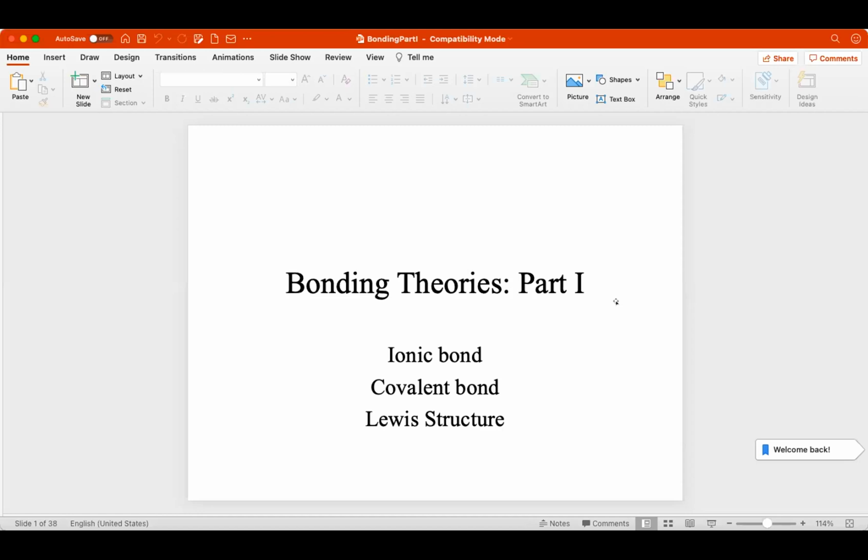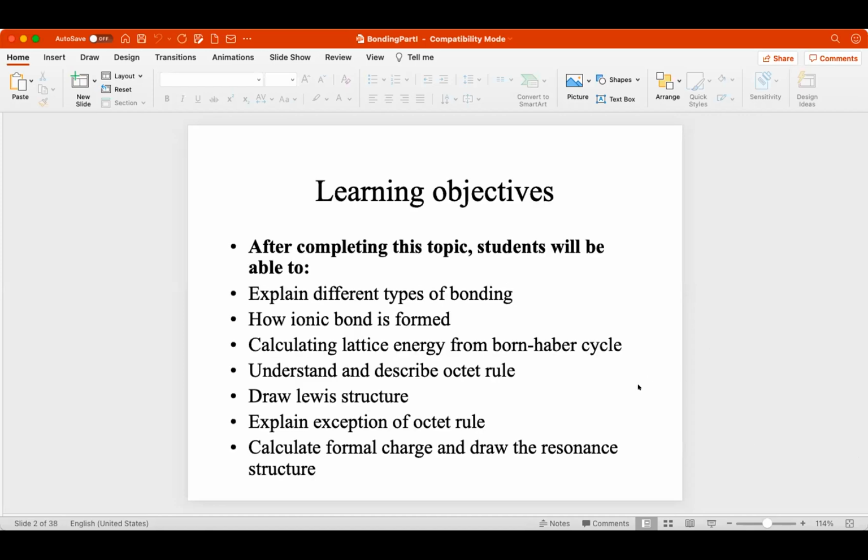Okay, so this one is to share with you, just to highlight the most important things, especially for your test 2. So it is very important, of course, to know about Lewis structure, and how ionic bond is formed.